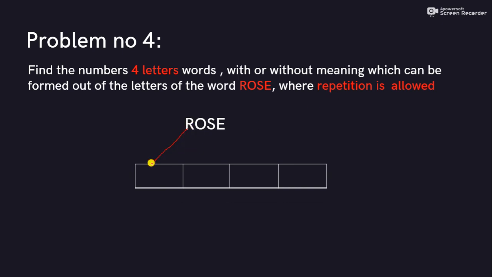So for the first letter, how many choices do we have? We have four choices. If we use R, we can also use R here because repetition is allowed. If we use O here, we can also use O again. So for the second letter we have four choices because repetition is allowed, for the third we also have four choices, and for the last we also have four choices.